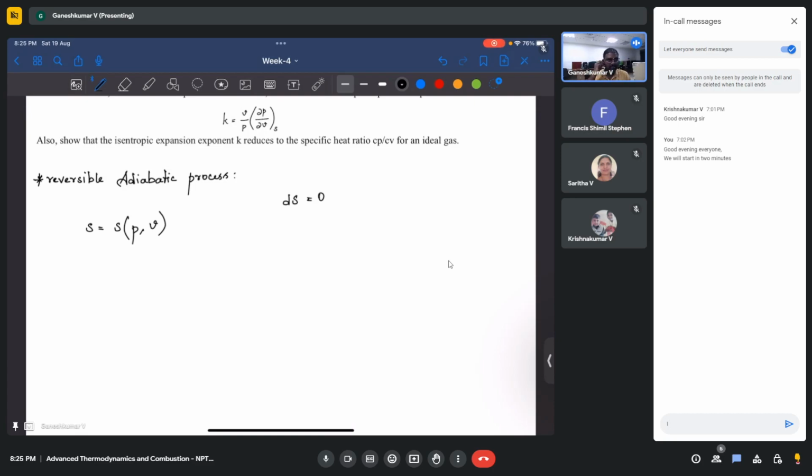So dS equals zero. And we know S depends on P and V, so we can expand this. We can write dou S by dou P at constant V dP, plus dou S by dou V at constant P dV. And we know dS equals 0, so this is equal to 0. Okay, this is clear, right?